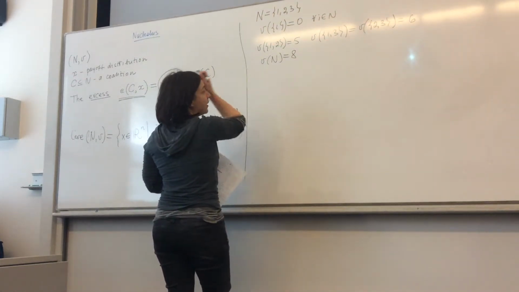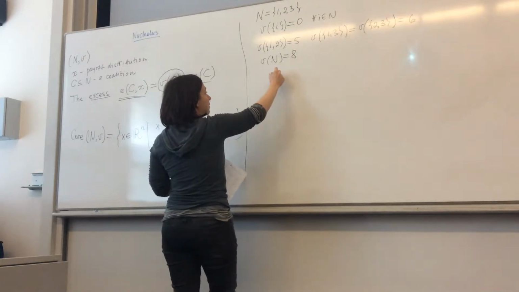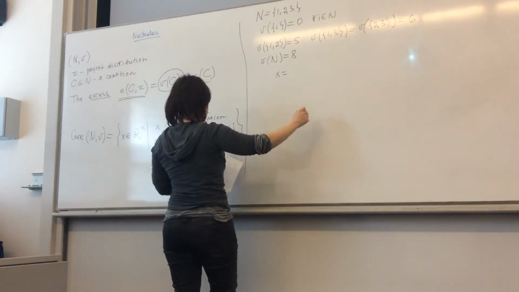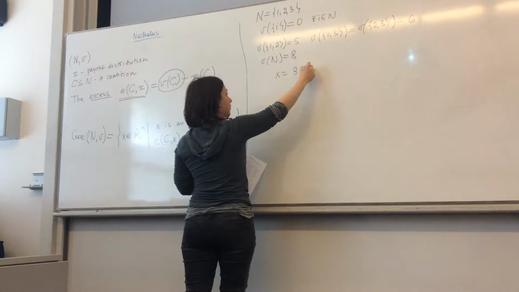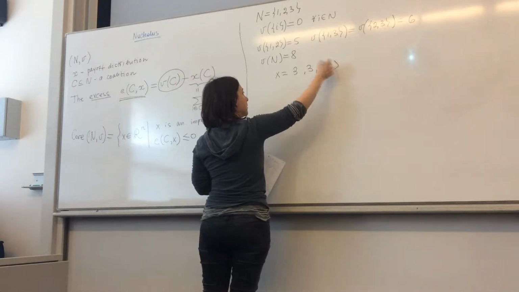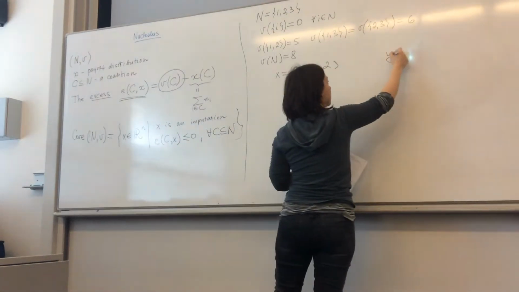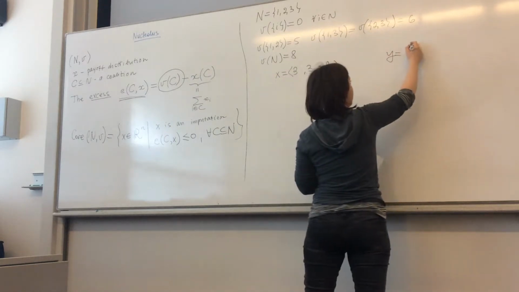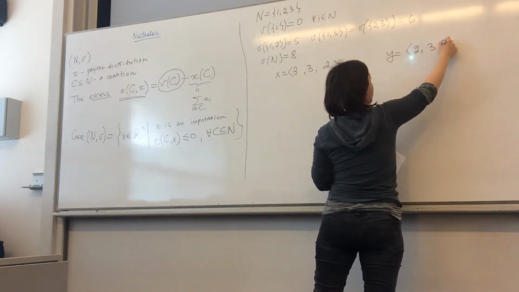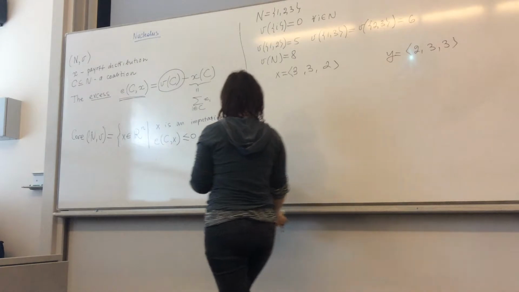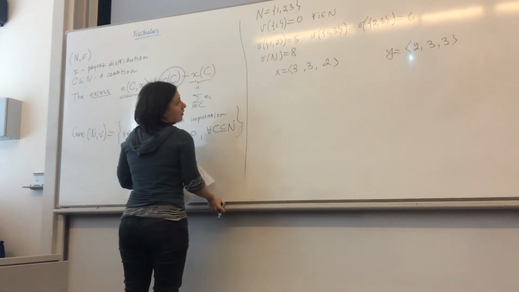And let me compare now two payoff vectors. X is (3, 3, 2), and Y is (2, 3, 3). Which one would be better?